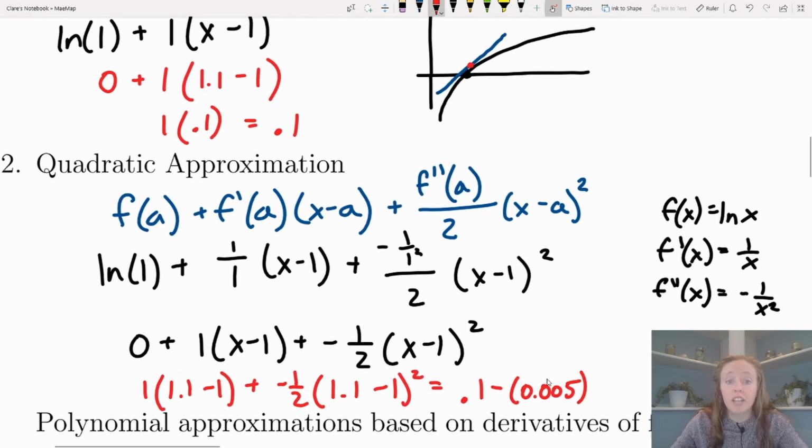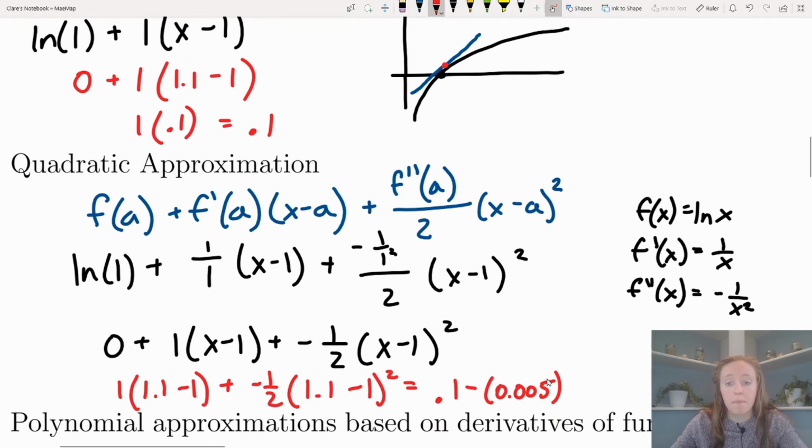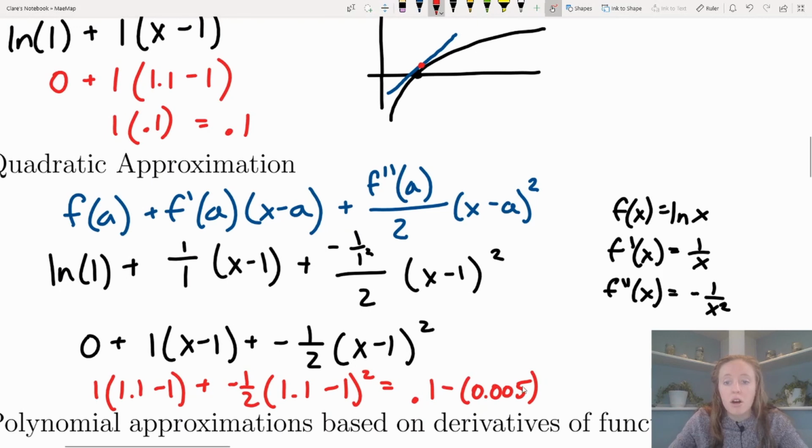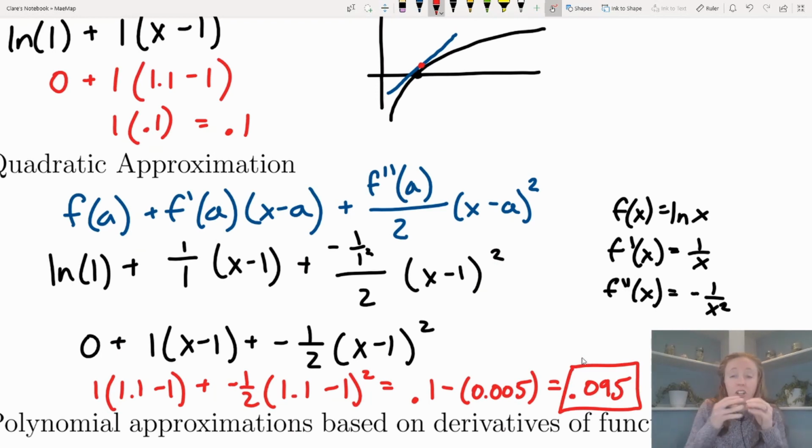So our quadratic approximation of 1.1 is 0.095. Now that's a closer approximation than 0.1 for our linear approximation above. So we're getting closer to the actual value of the ln of 1.1.